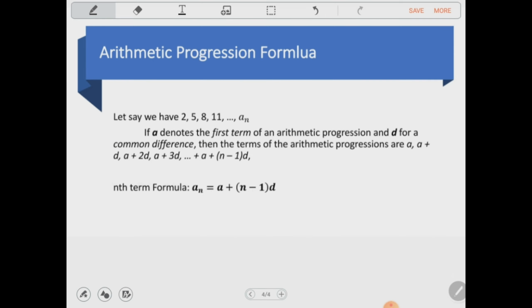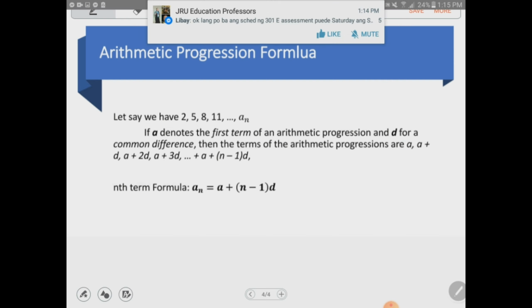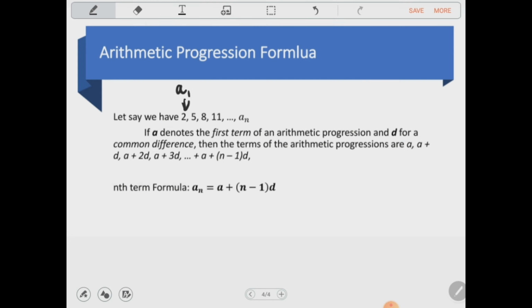Now in my next slide, we're trying to derive the arithmetic progression formula. So let's say if A denotes the first term of an arithmetic progression, and D is for a common difference, then the terms of arithmetic progressions are first term A, second term would be A plus D, because we know that to get the next term, we just add the previous term and the common difference.